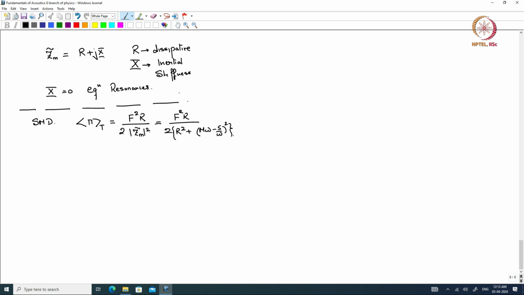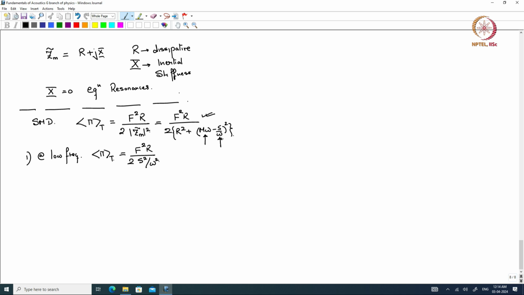Just to get some more information out of this expression, at very low frequencies the time averaged power becomes equal to F squared R by twice S squared by omega squared, because at low frequencies this term becomes negligible compared to this term.